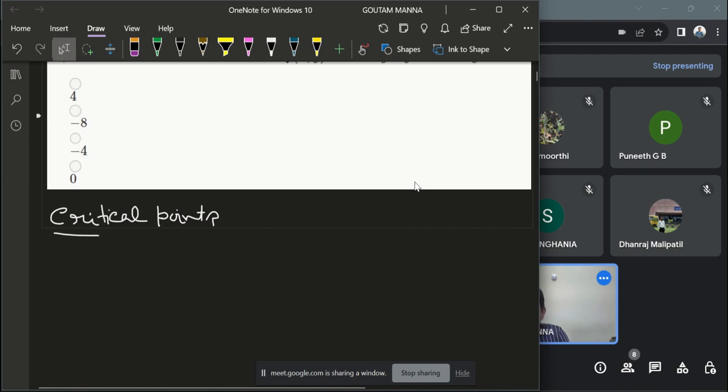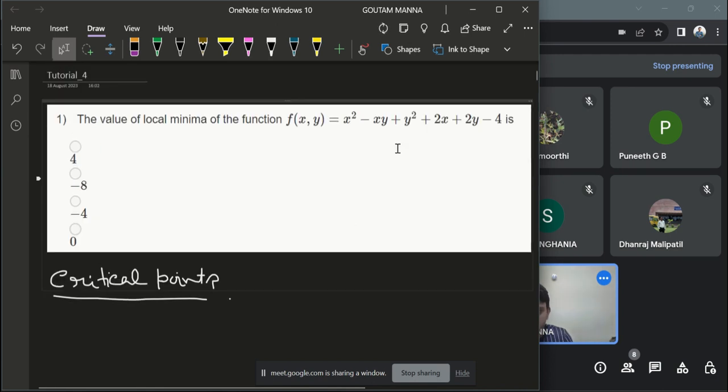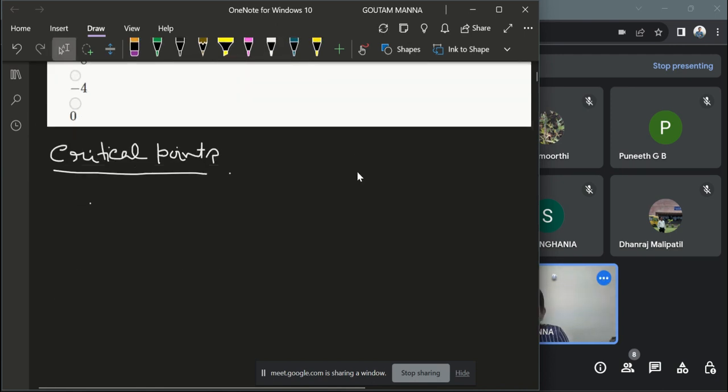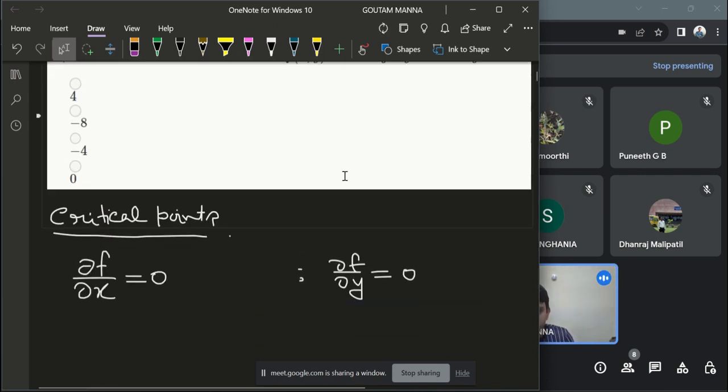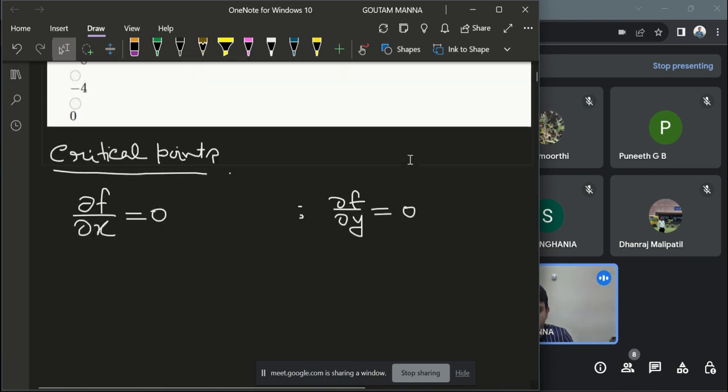If we are at the critical points, then del f del x will be 0 and del f del y will be 0. With this condition we will find all the critical points we have for this function.